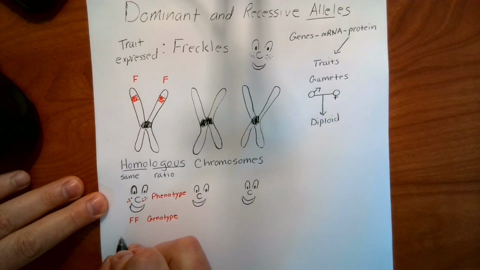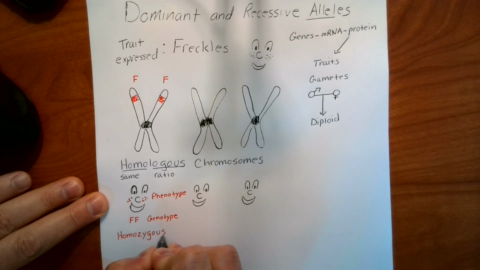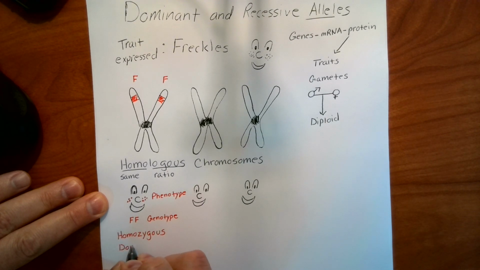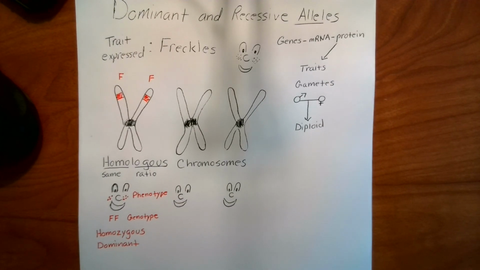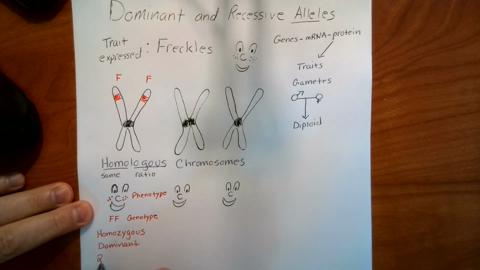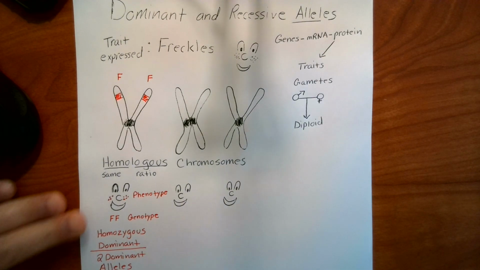So we would call that homozygous dominant for freckles. They have two dominant alleles. That's what that means. Okay?